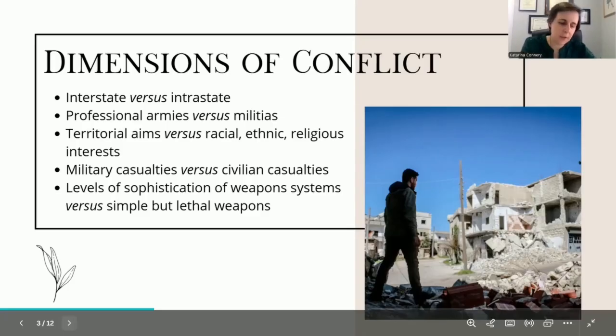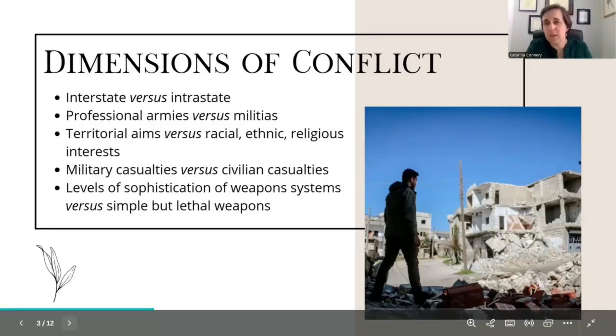A conflict can also involve professional armies. Those are the militaries that are trained, equipped, supported by the government. It can also involve militias, which operate outside of the official sanctioning of the government. In very complex conflicts, there can be many different militias who are operating at the same time, and they may each have their own interests, their own leadership, their own structures, and sometimes those interests overlap with each other, and sometimes they don't.